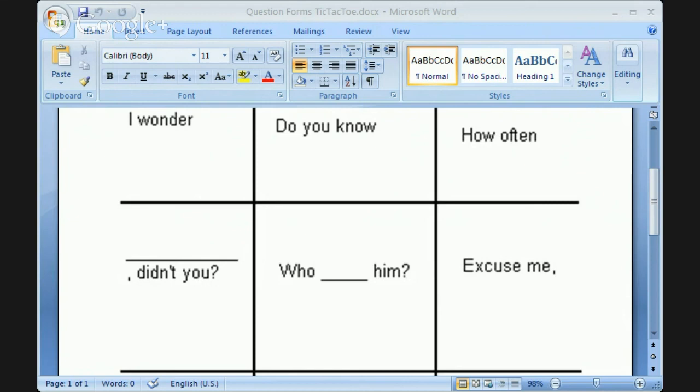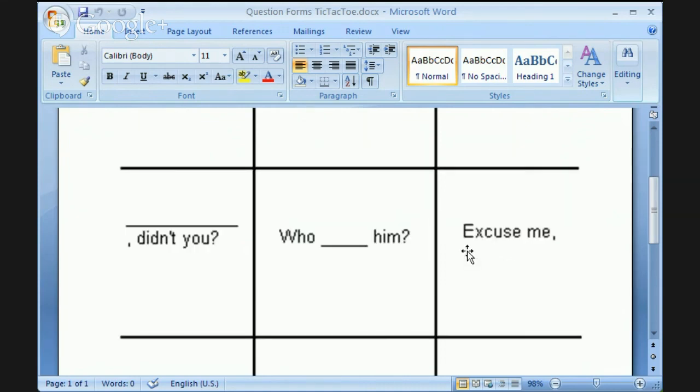Heidi, excuse me, the polite form. What else can we use besides excuse me? Is there any other discourse marker or signal phrase we use for polite questions? Excuse me.